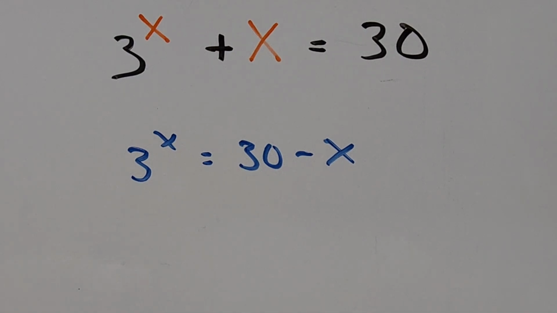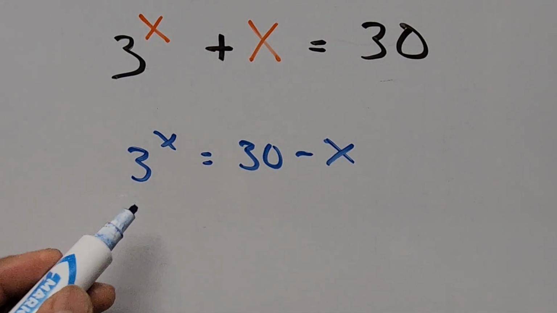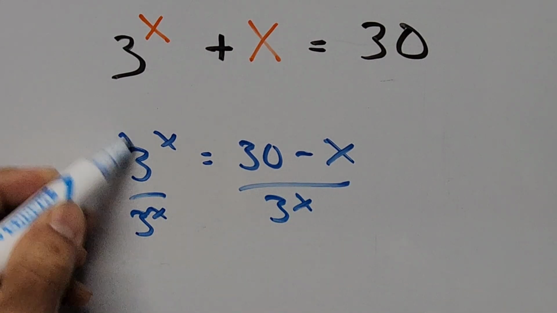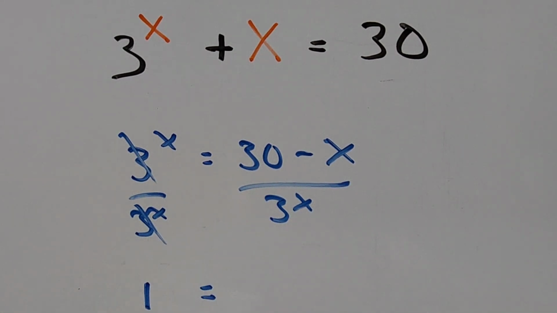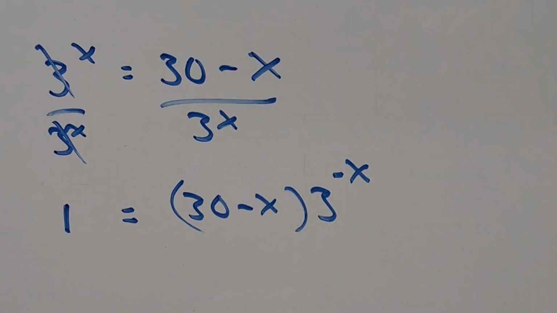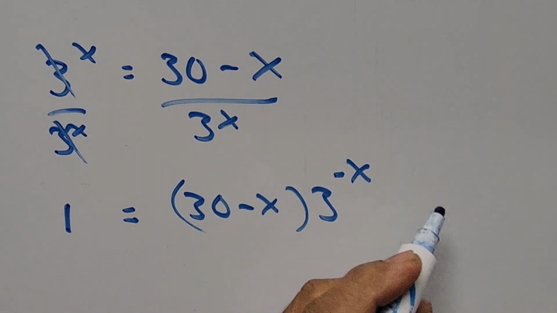So next, divide the whole equation by 3 to the power of x. So this is 1, and the right-hand side, 30 minus x times 3 to the power of negative x. This is from the exponent property.